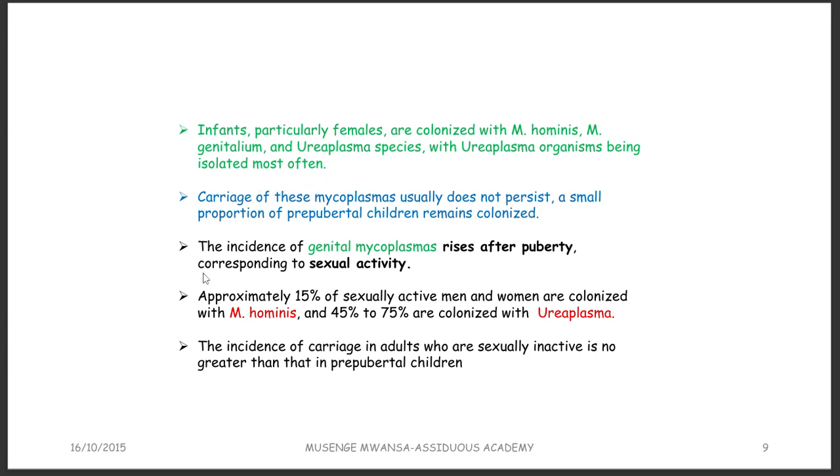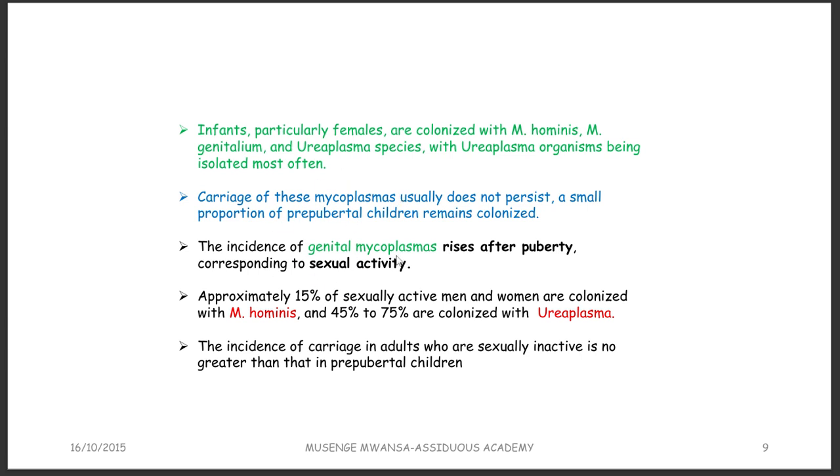Carriage of these mycoplasmas usually does not persist. Okay, a small proportion of prepubertal children remain colonized, but the bacteria doesn't normally persist. Someone is still a carrier only in a small proportion.